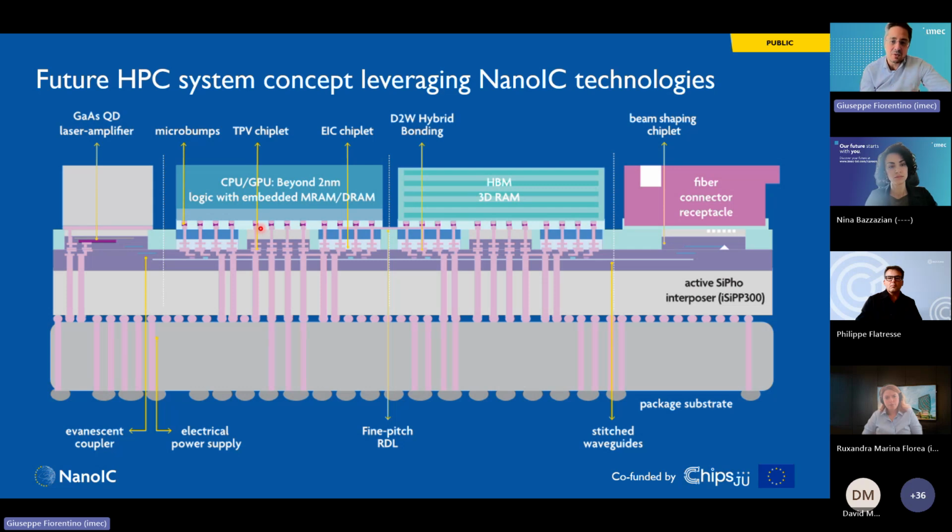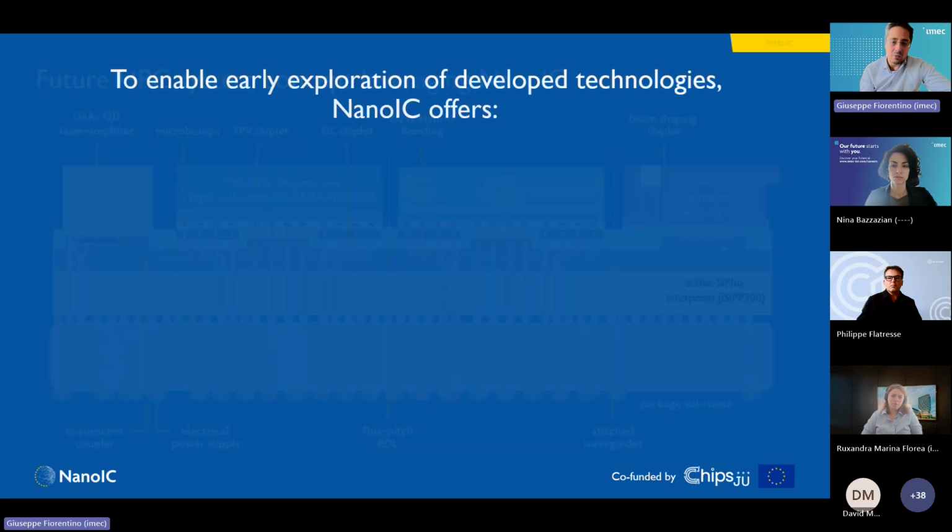For example, the famous memory wall, where we no longer have a bottleneck in pure logic scaling, but the real bottleneck is how information is exchanged between the logic and the memory. So we need to work on that, and we are doing that in several different ways that we will cover in a second.